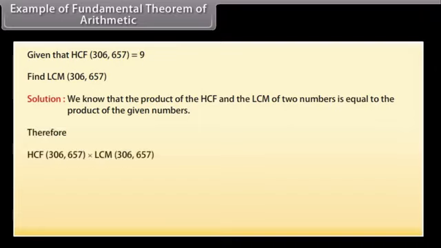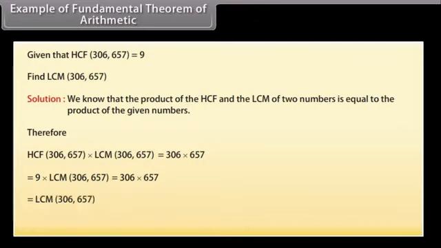Therefore, HCF(306, 657) × LCM(306, 657) is equal to 306 × 657, so 9 × LCM(306, 657) equals 306 × 657, which gives LCM(306, 657) equals 306 × 657 upon 9. LCM is equal to 22,338.